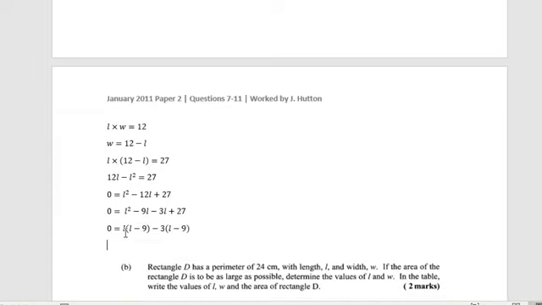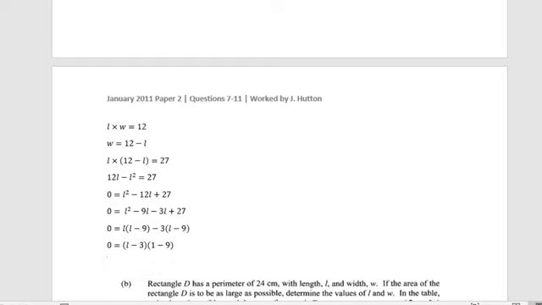And therefore, factorizing again, 0 is equal to L minus 3 and L minus 9. From here, we can go ahead and solve for the two possible values of L. So 0 is equal to L minus 3, or 0 is equal to L minus 9.